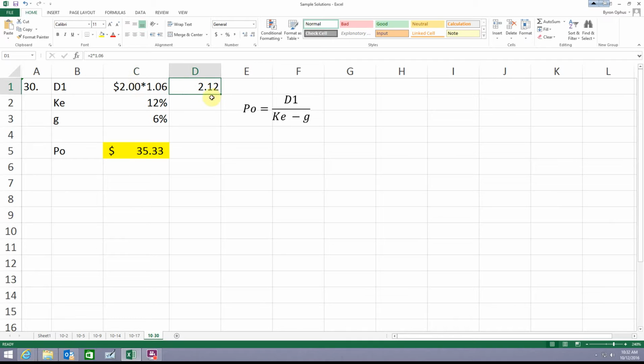So if I get a 6%, the actual way that you would write this up is that this is equal to $2 times parentheses 1, because the $2 stays constant, you're growing, right? So you take 2 times 1 plus my growth rate of 6% in parentheses.